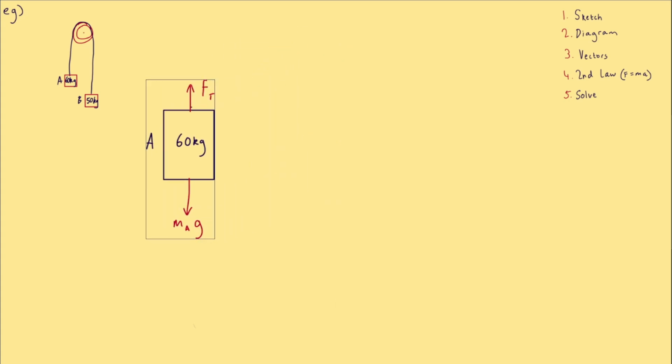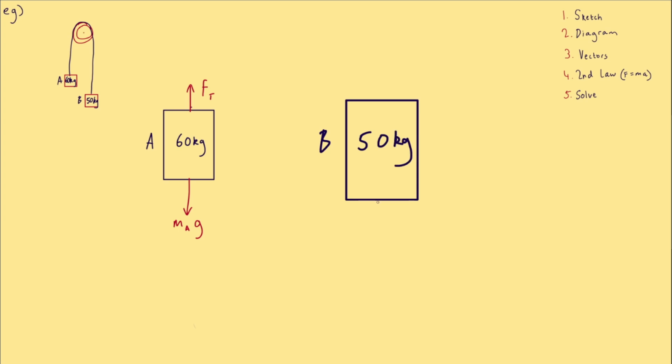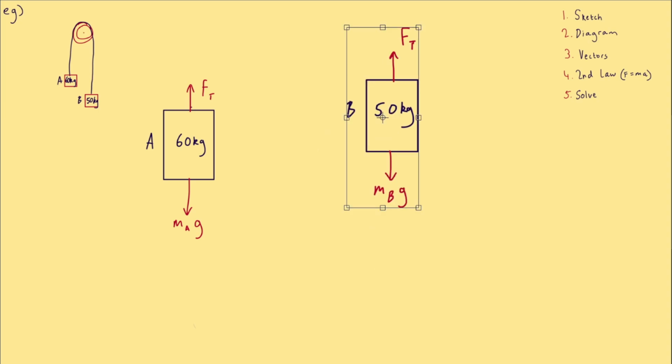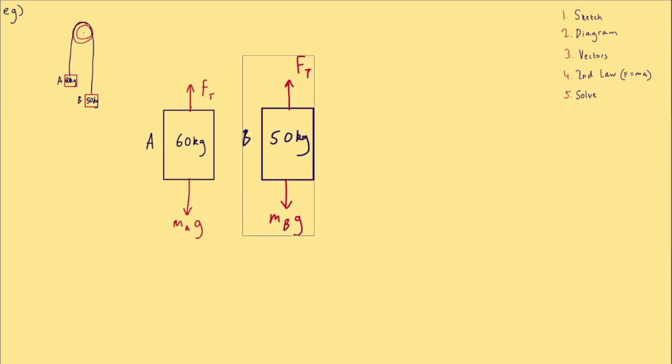Let's put this aside and draw our diagram for B. B is the exact same thing. So B, 50 kilos, and it's the same thing, except we're going to call this mass of B times g. And this is still the same tension force because, remember, we're assuming cord mass is negligible. There we go. There are our two free body diagrams right here.